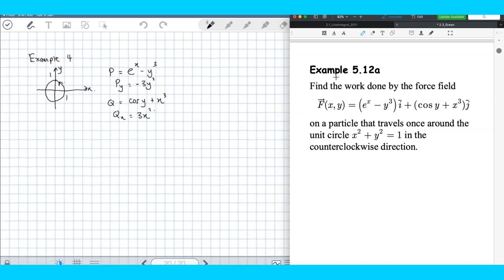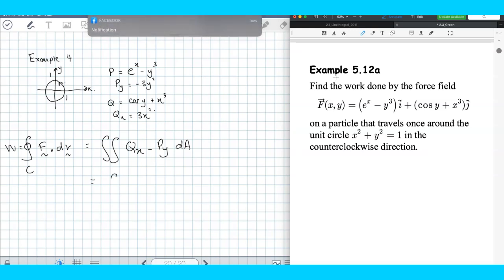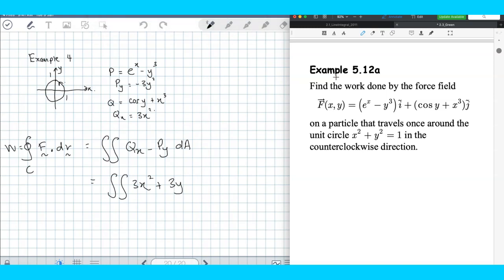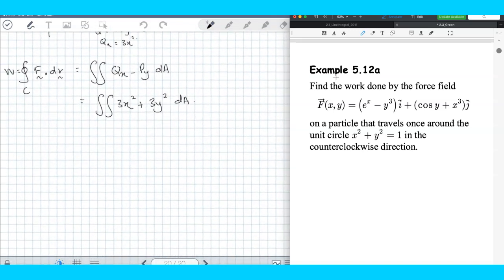Then you want to calculate the work done, F dot dr over the closed curve C. So using the double integral Qx minus Py dA, that is 3x squared plus 3y squared dA, and it is not 0.